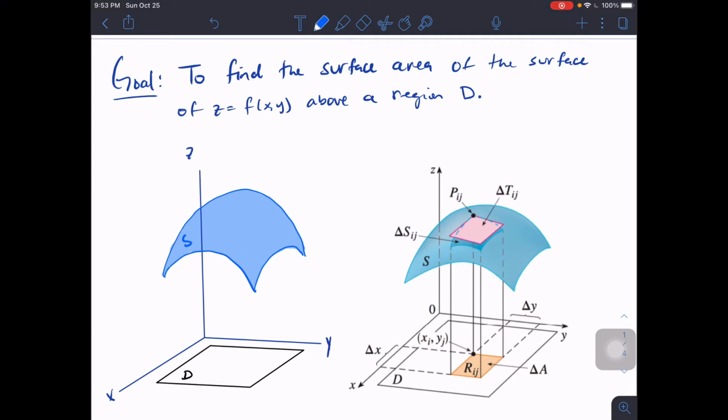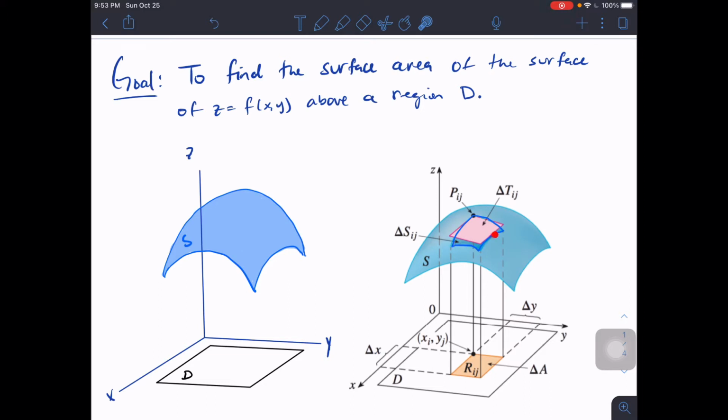And so you can't really tell from here, but above this small subrectangle, there is a piece of our surface S right here that lies above that subrectangle. And to help us find the total surface area, we're going to find the surface area just above our small little subrectangles. And remember, these are going to be really, really small subrectangles.